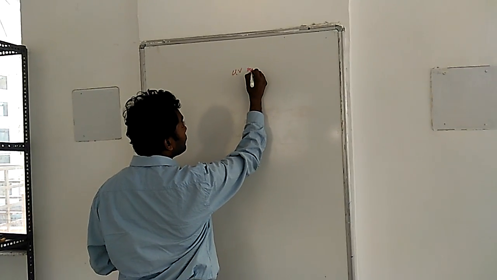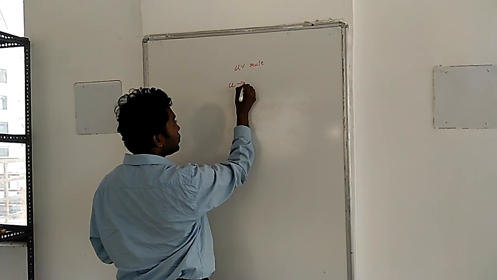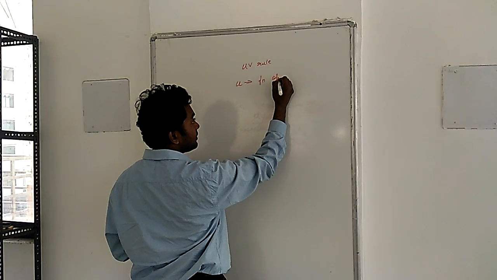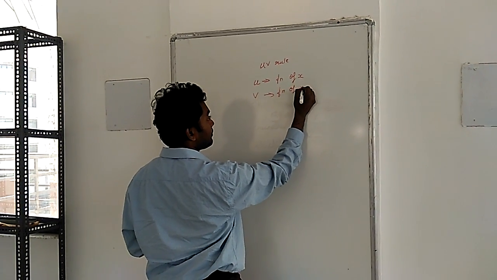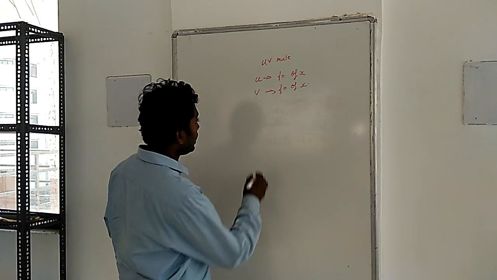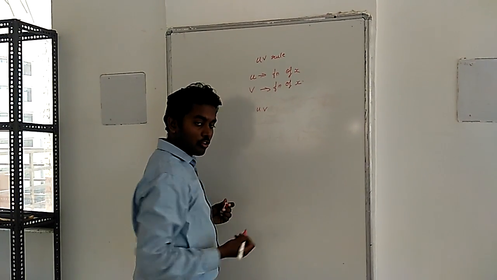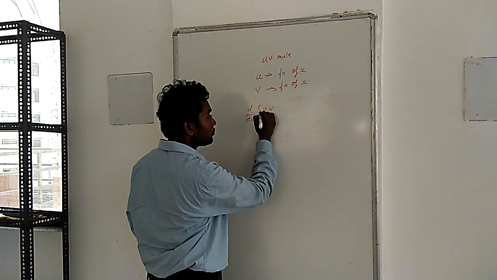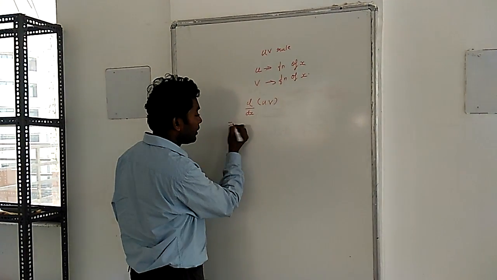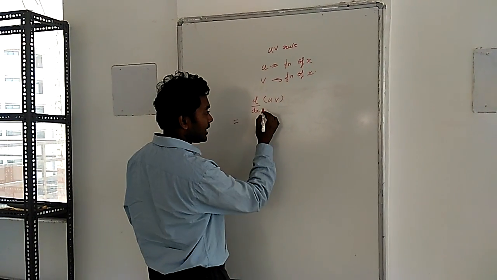UV rule. Now the UV rule says u is a function of x and v is also a function of x. When you multiply two functions of x and want to find the derivative of the product, what is the formula? The formula is very simple.